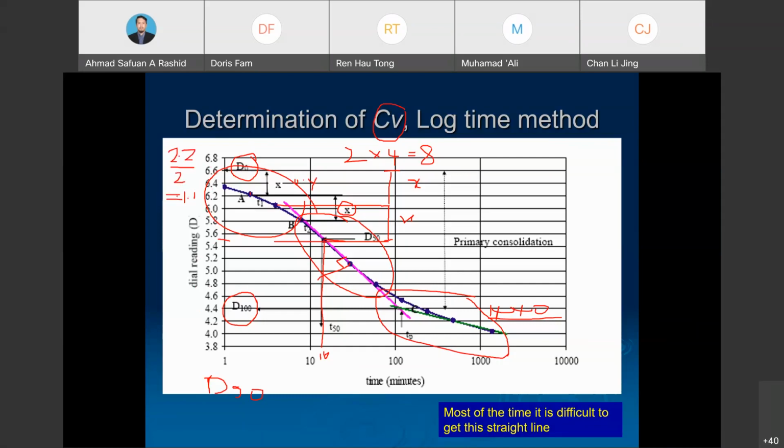So 6.6 minus 1.1, it will become 5.5. So from the 5.5, we draw a horizontal line until it touches the consolidation curve, and then draw a vertical line. From there we can get the T50, for the time, while D50 is from the deformation value.